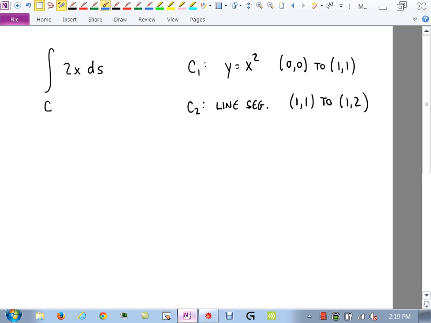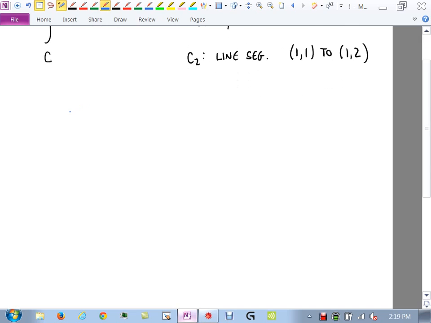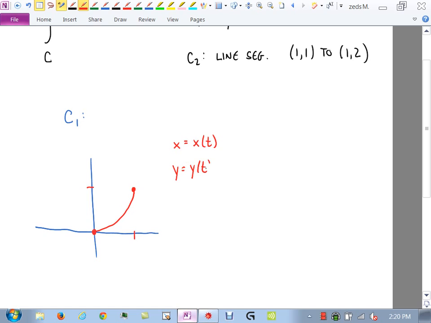So let's start with C1, okay? Let's take a look at C1. C1 is the parabola that starts out at (0, 0) and ends at (1, 1). I need a way of writing that parabola where x is some function of t and y is some function of t.